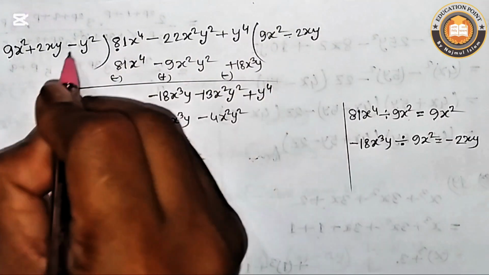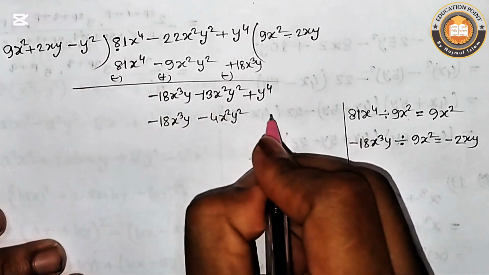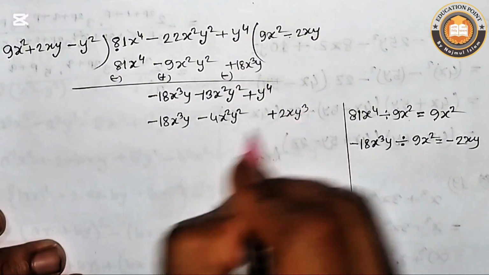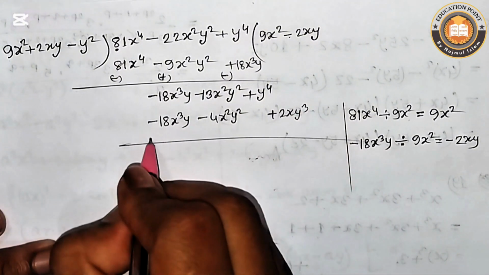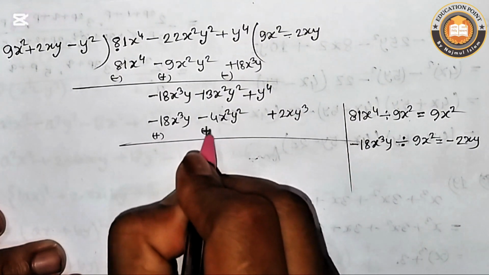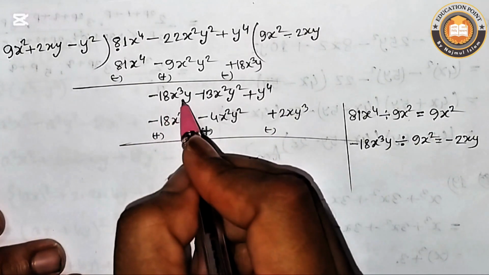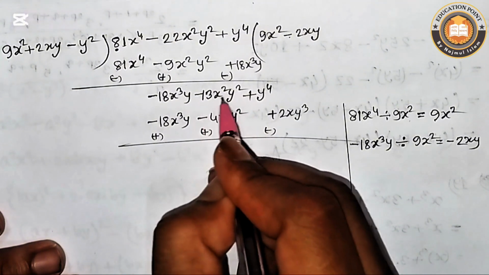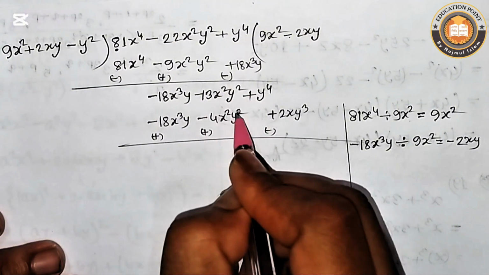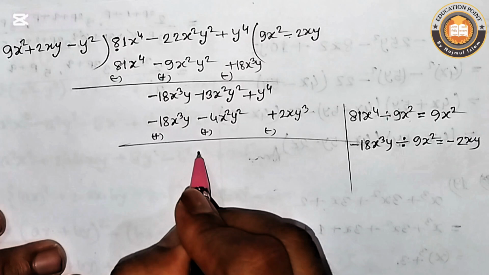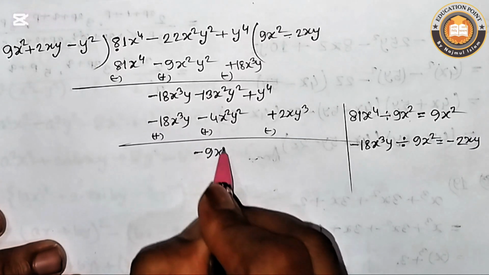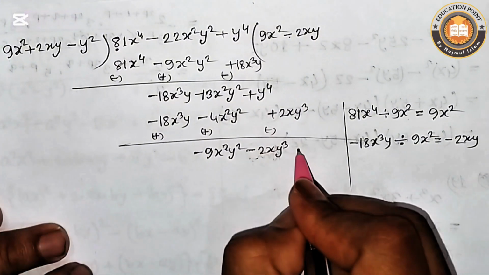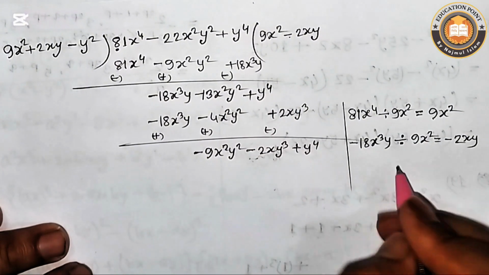Then minus 2xy multiplied with minus y² equals plus 2xy³. According to the division law, their sign will be changed. Minus 18x³y plus 18x³y equals 0. Subtracted value of minus 13x²y² plus 4x²y² equals minus 9x²y², then minus 2xy³, then plus y⁴.